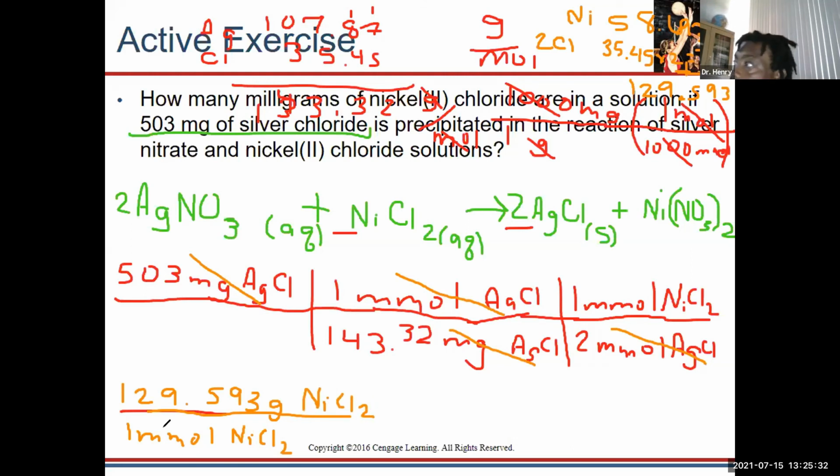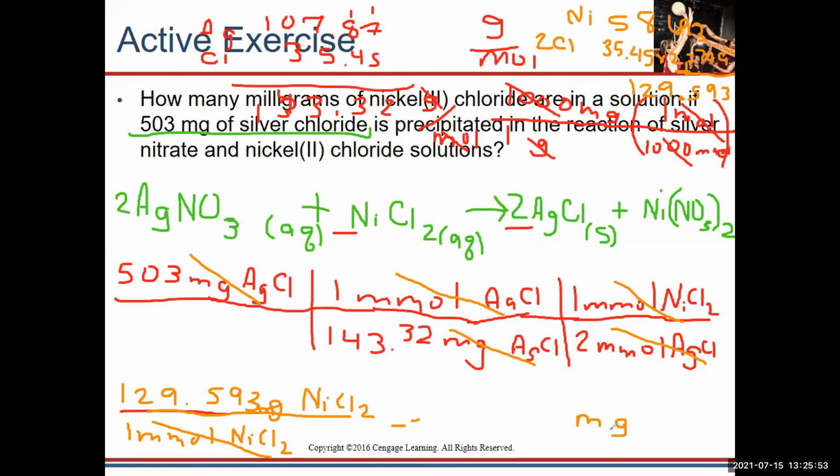Okay, so then millimoles are going to cancel out, and we're going to be left with just milligrams. That should be. How many sig figs should I have? 3. We're going to have 3.